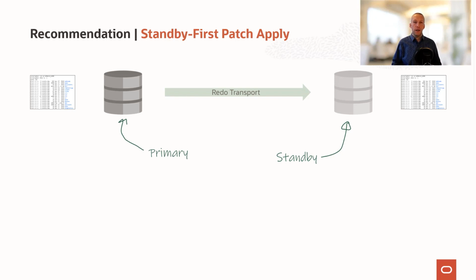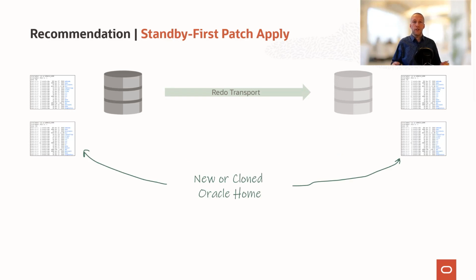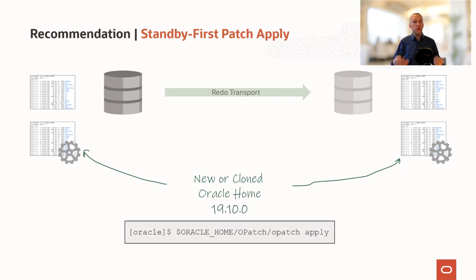Both of them are running on the original Oracle home, and we want to patch them. What do we do? First, we install a new Oracle home on both the primary and the standby host. Next, we use OPatch to apply, in this case, the 19.10.0 release update to both of the Oracle homes.